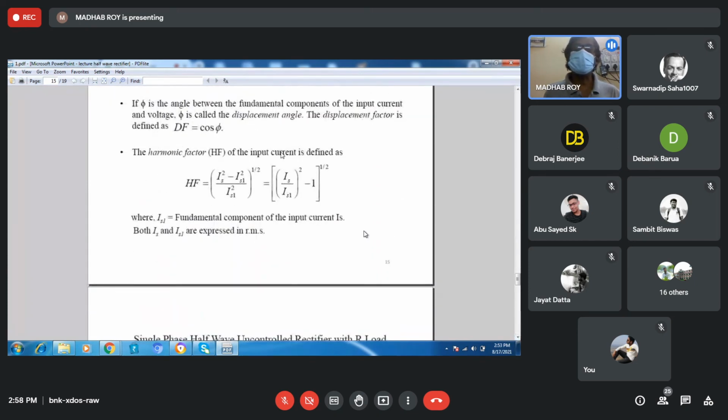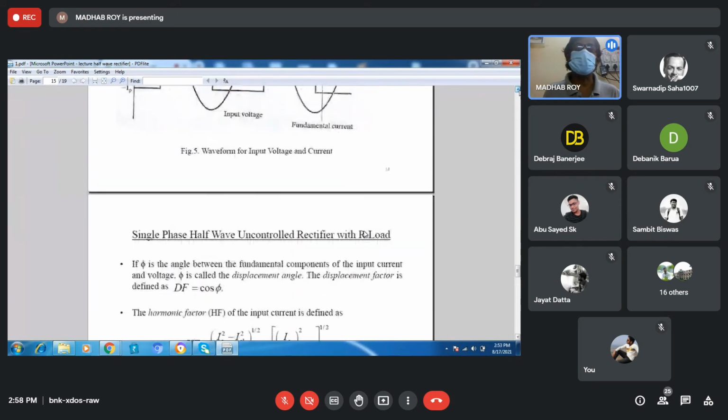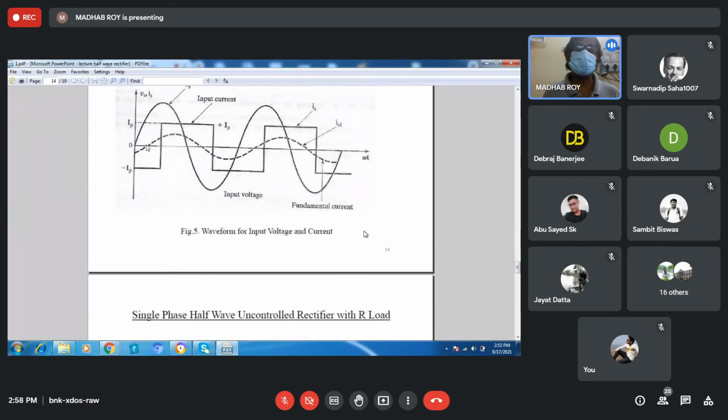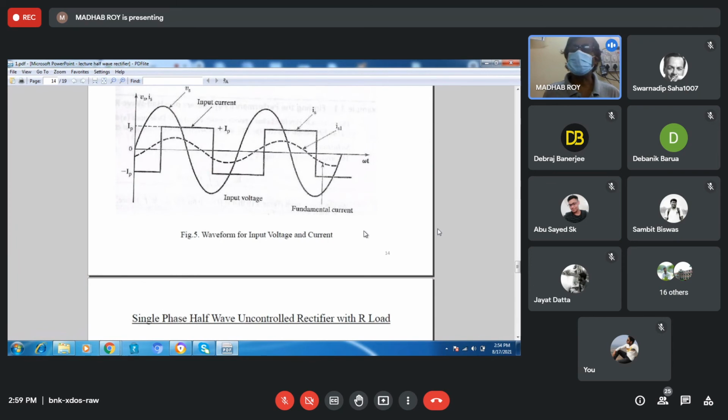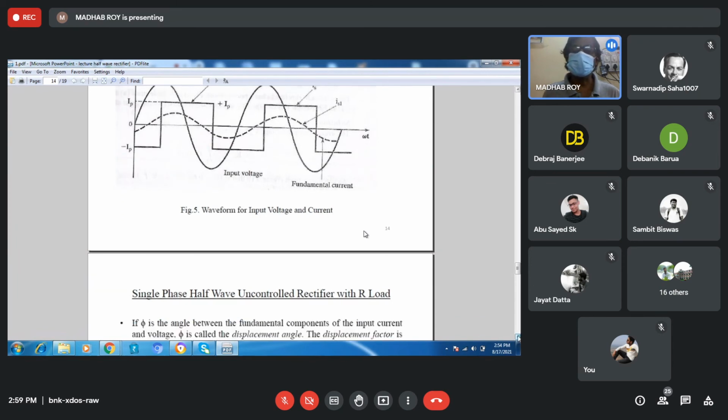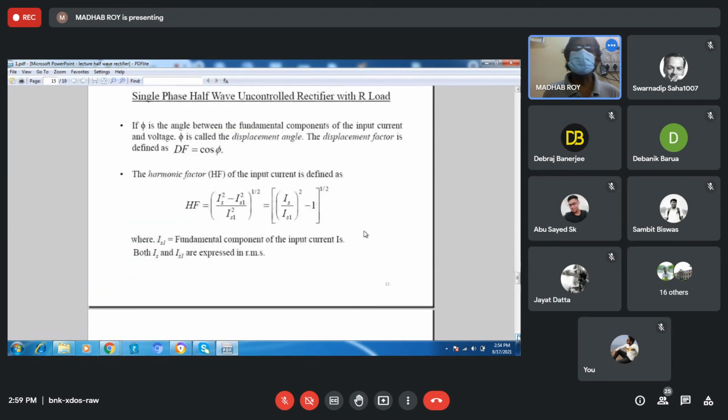Now, this is the angle, called the phi angle. Here phi is not shown, but you will see this angle is called phi, from 0 to this current point. This is the power factor angle. Now, if phi is the angle between the fundamental components of the input current and voltage, then phi is called the displacement angle.